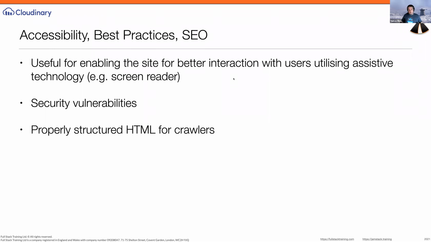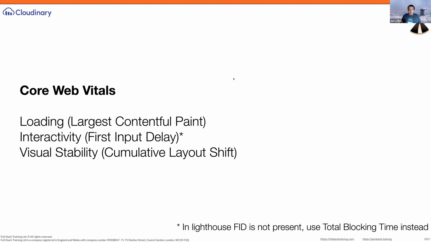Now, I kept on mentioning core web vitals, and let's now talk about those. I don't know how many of you heard about core web vitals, but I think it was last year when Google made an announcement that core web vitals will play a critical role in determining search results.